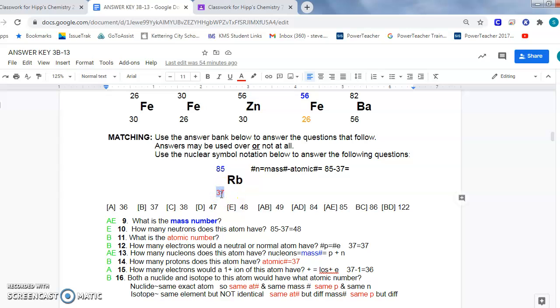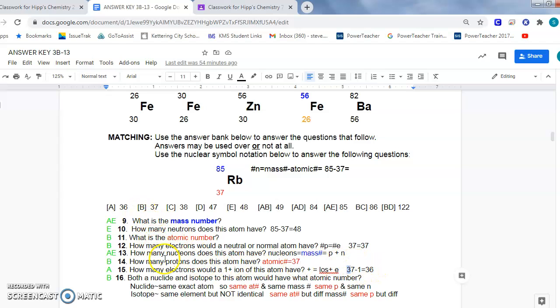So if it has 37 protons and it starts with 37 electrons, you would have to have one more proton than electron for it to be positive. So 37 is one more than what? The answer is 36. In other words, it lost an electron. It now has 36 electrons versus 37 protons. 36 is one less than that.